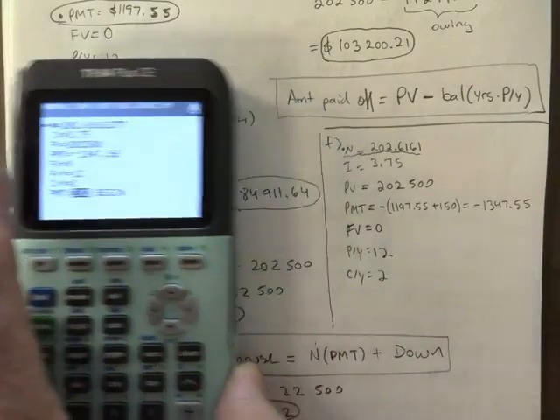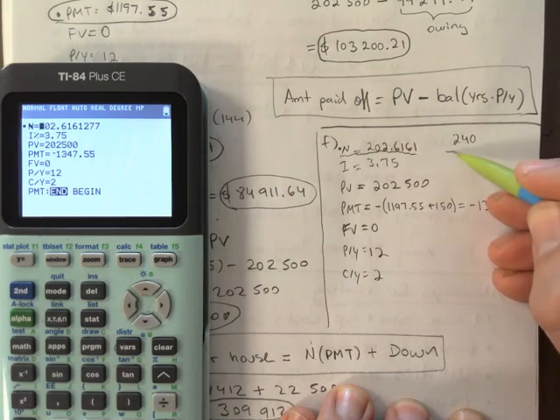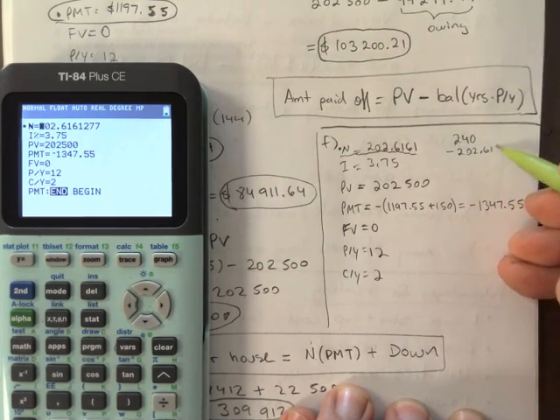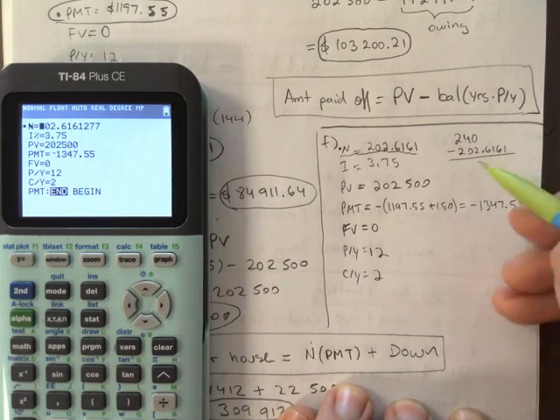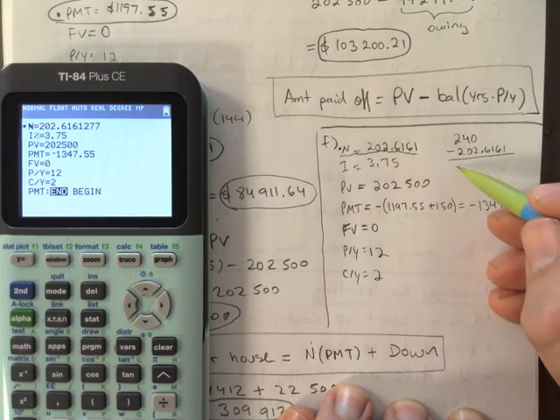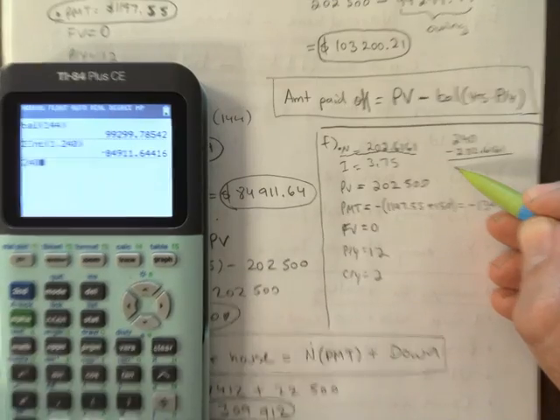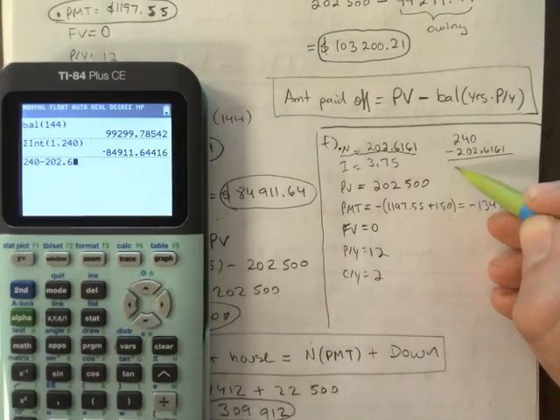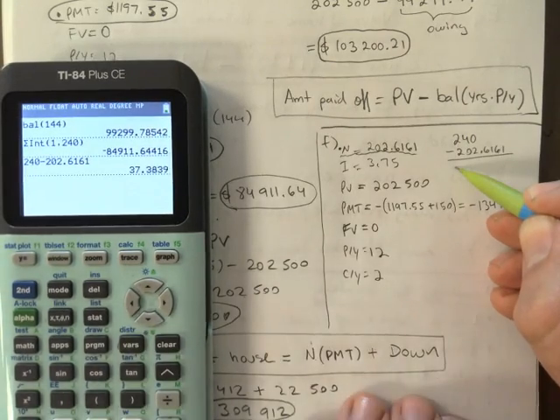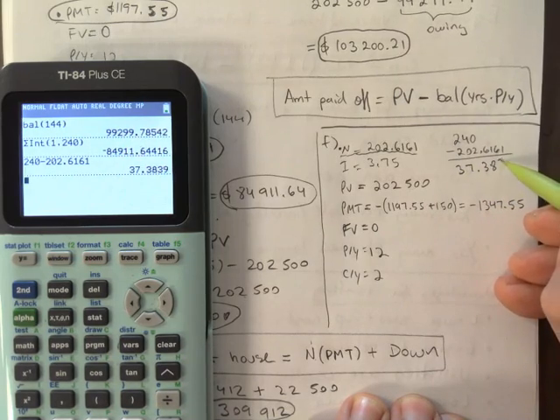It said how much sooner. So we're going to go 240 minus 202.6161. And you get 37.3839.